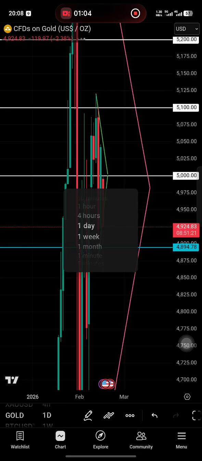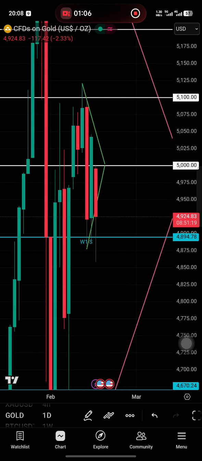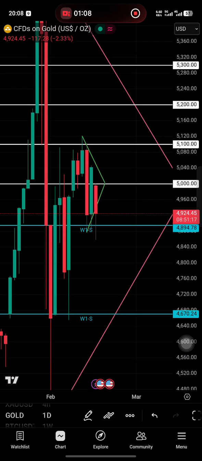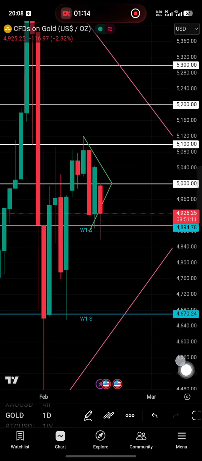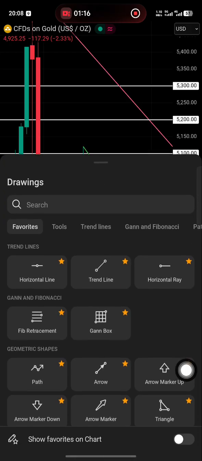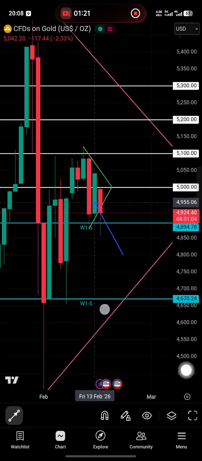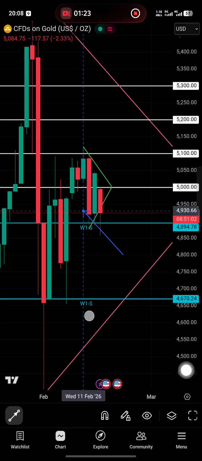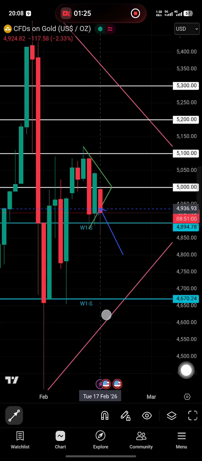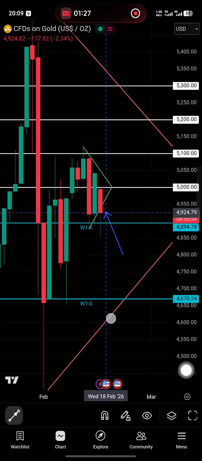How about looking at the daily candle first, right? At the daily time frame, we see that the daily candle has now pushed down to touch support, right? Touching support means accumulating buyers and accumulating buy volumes.